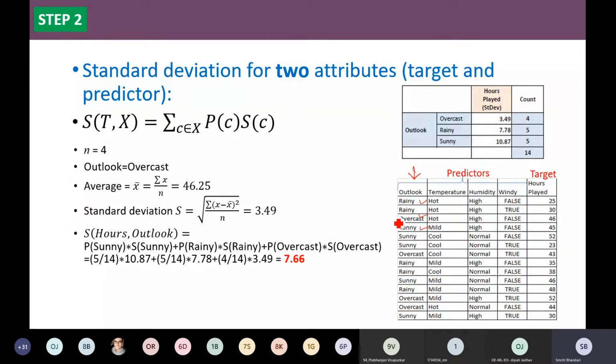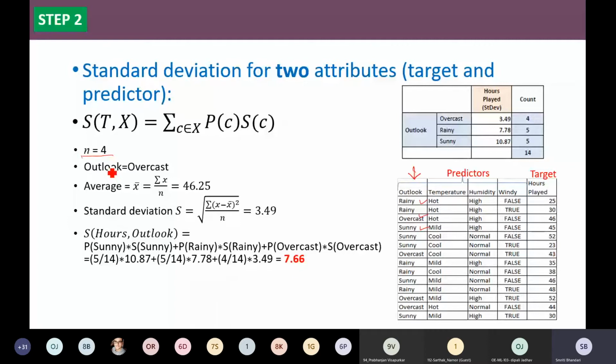Four examples we have, right? So here we have n equal to 4. We have selected the outlook value as overcast and we have 4 such samples in our data set.